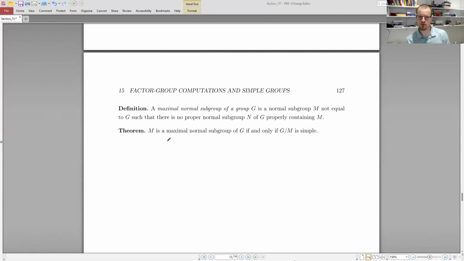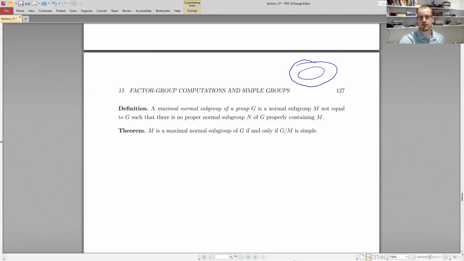A maximal normal subgroup of a group G is a normal subgroup which is not the entire group, such that there is no proper normal subgroup N of G properly containing M.